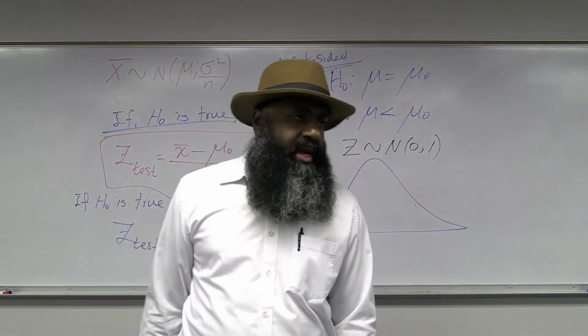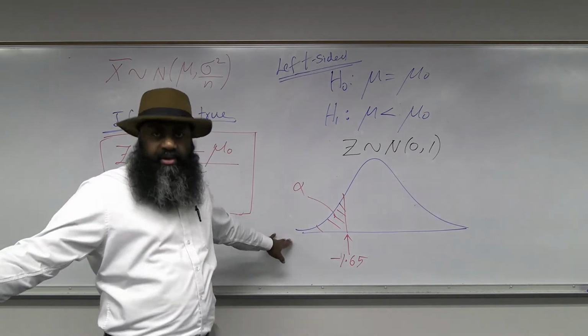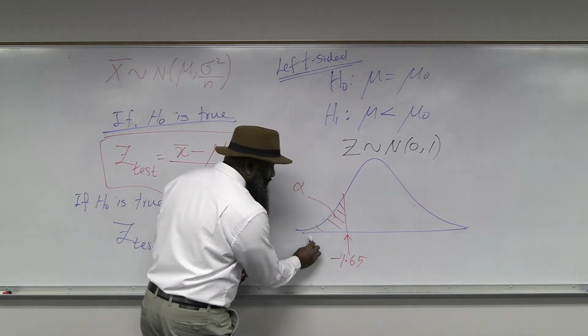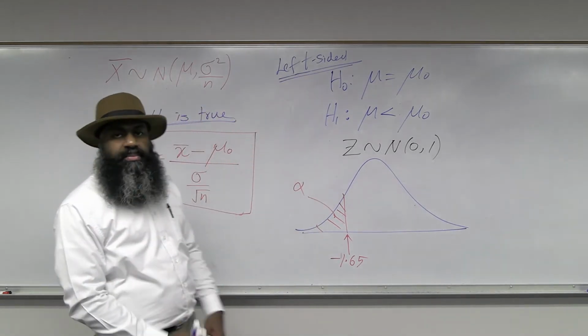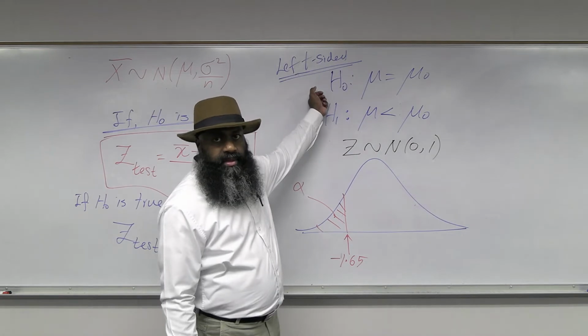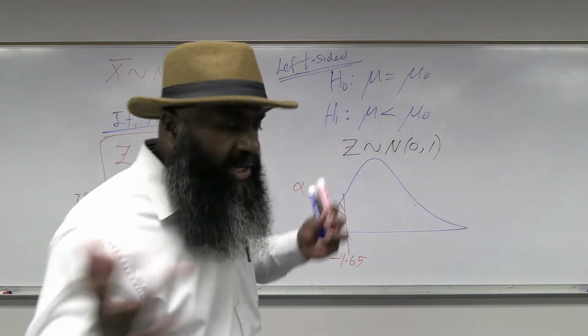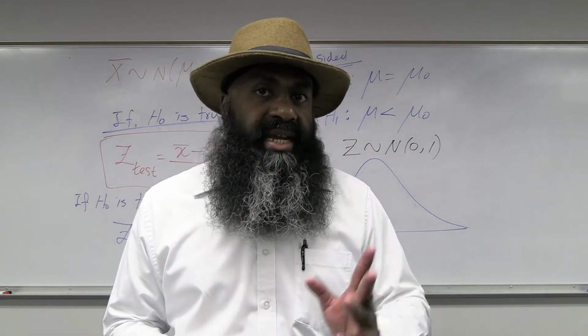Say, for example, my calculated test statistic for this case is negative 2.3. In that case, the test statistic is somewhere here, so I have to reject my null hypothesis, because this shaded area is the rejection region. That's all about the test statistic and critical value method for the z-test.